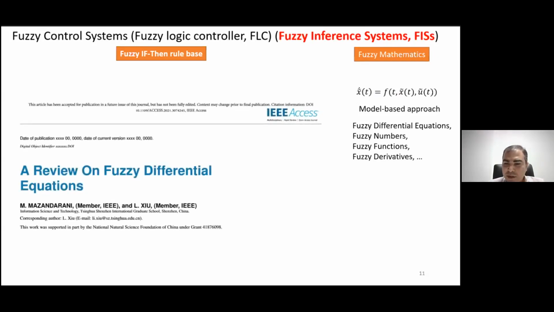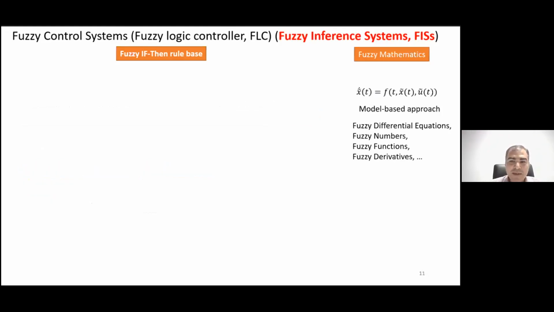Our last paper was published yesterday, which is about a review on fuzzy differential equations. Those who would like to know more about fuzzy differential equations and make yourself up to date, reading this paper is recommended.